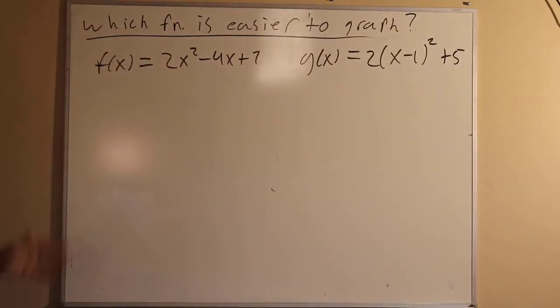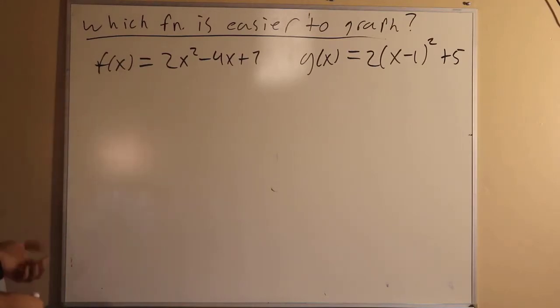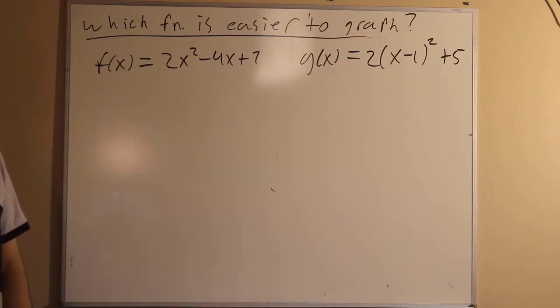Between the both of these, which one do you feel is easier to graph? Go ahead, pause the video, and think about it. If you had to choose, would you rather graph f or g, and why? Go ahead and decide that now.